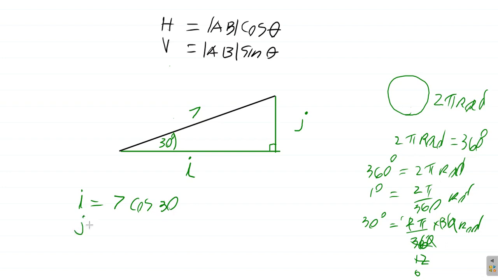And J is the vertical, which is 7 sine 30. Alright?